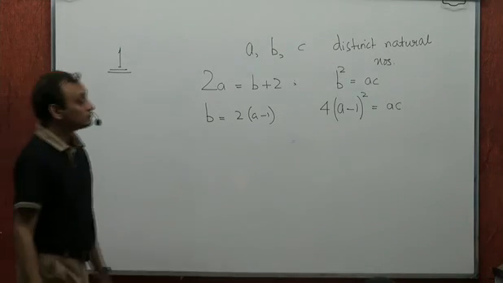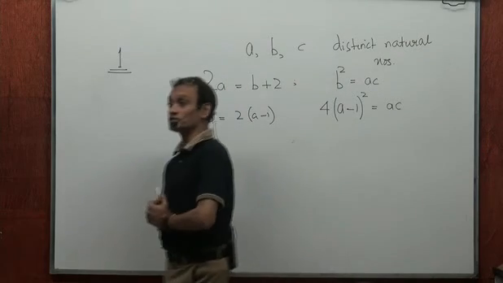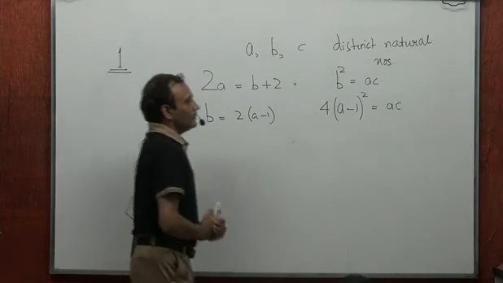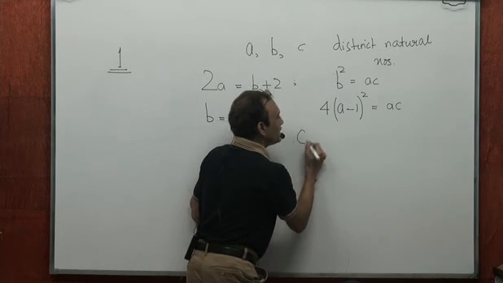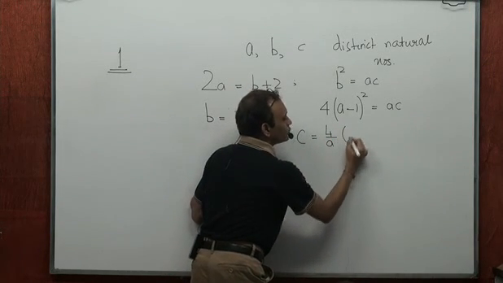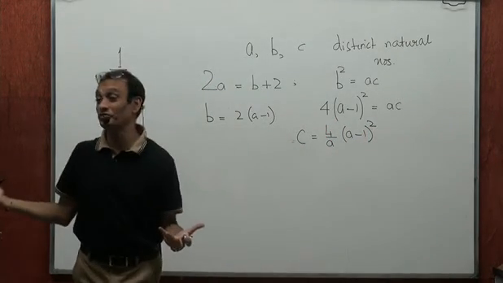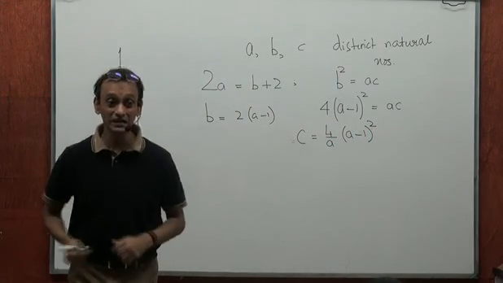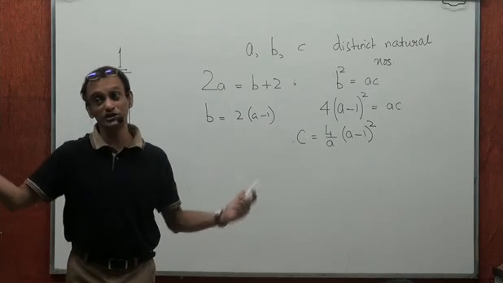Right? Now, once we have this, let me say C would then be 4 divided by A into A minus 1 whole square. That's the only other thing we could do after this. Nature has not left us with too many options for this equation.